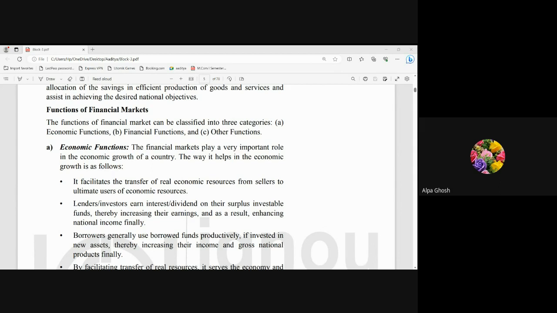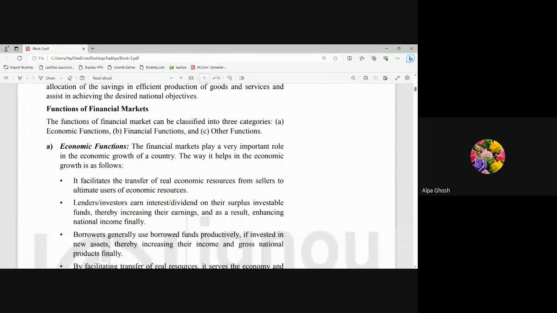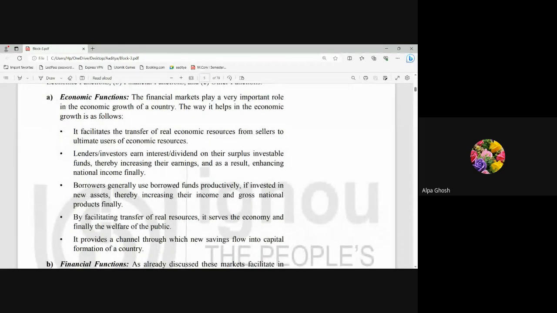Next, if we go for investment, in that case, we are going to generate interest or dividend on the invested amount. When we generate interest or dividend on the invested amount, we are going to increase the earnings of the individual. When we have increased earnings, this is going to directly increase the national income finally.